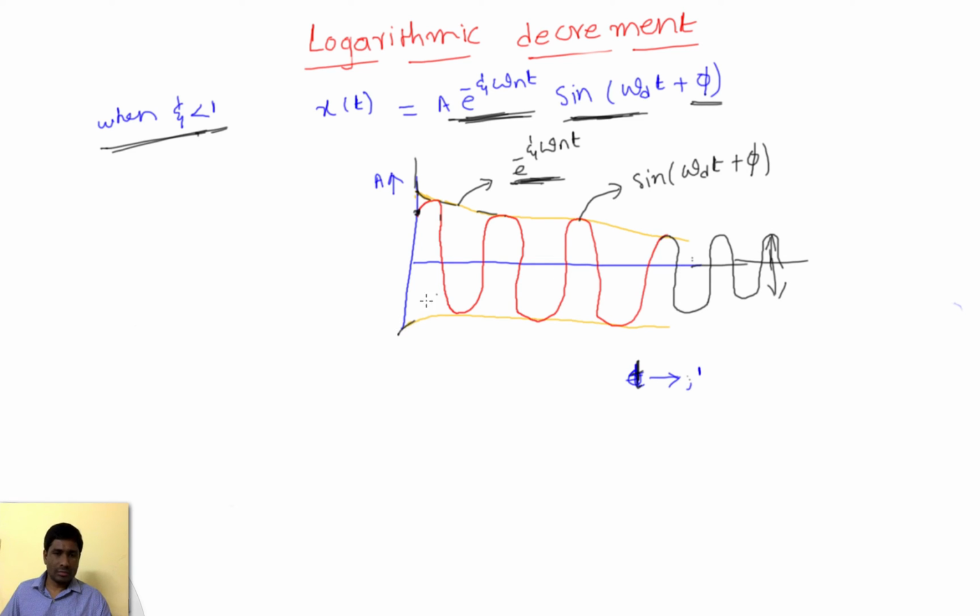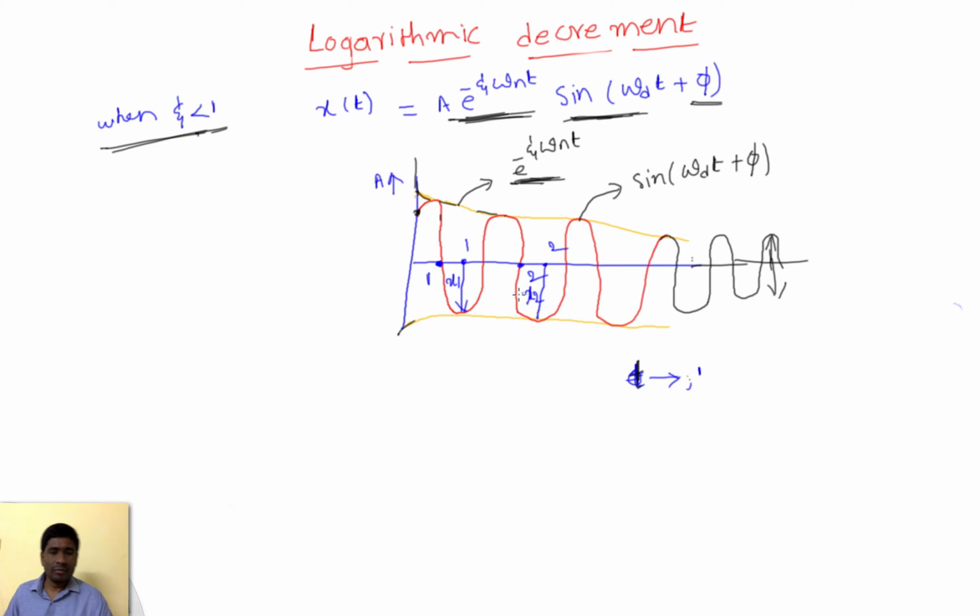If I consider, for example, this is point 1 and this is point 2, here my amplitude is x1 and here my amplitude is x2.